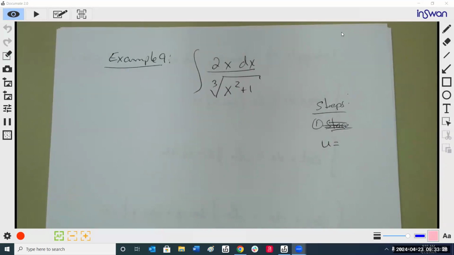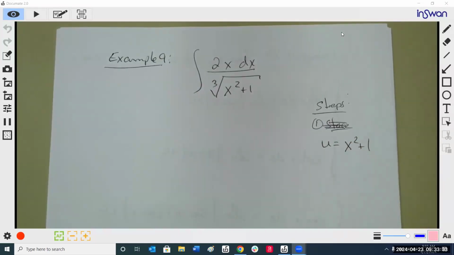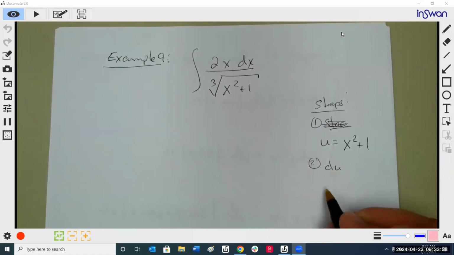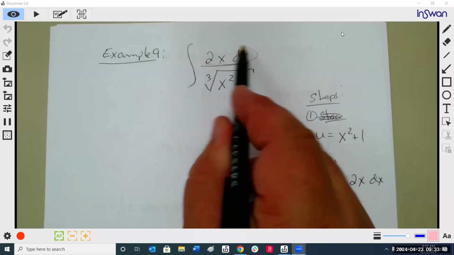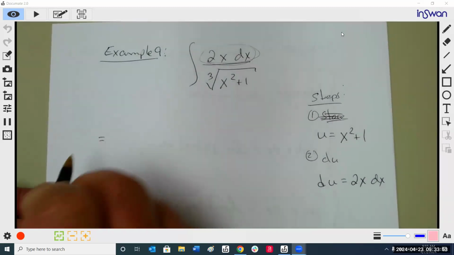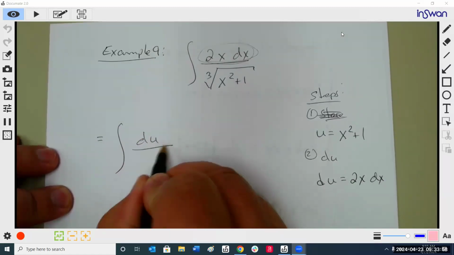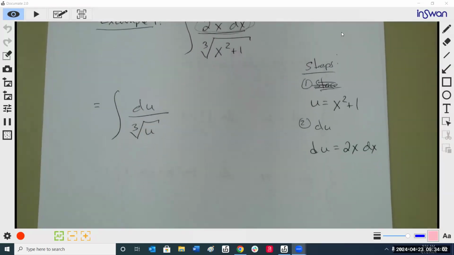And what part of the bottom? The reason we will choose that one is because when you find du, it is 2x dx. Well, that's what the top is already. So since the top is already 2x dx, that's du. And on the bottom, we have the cube root of u.